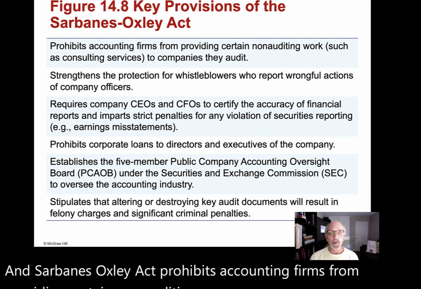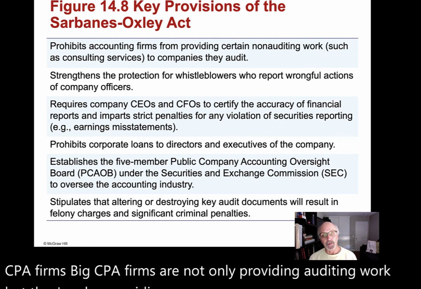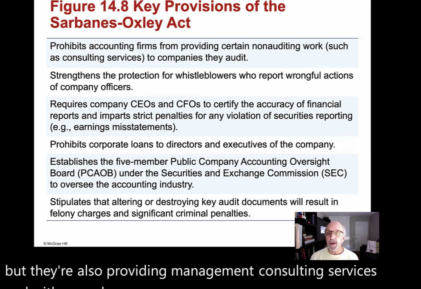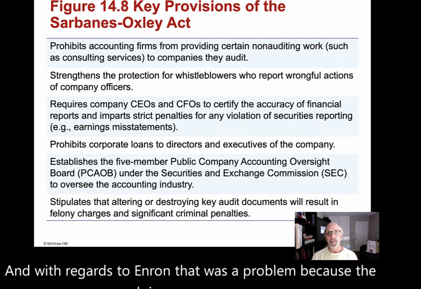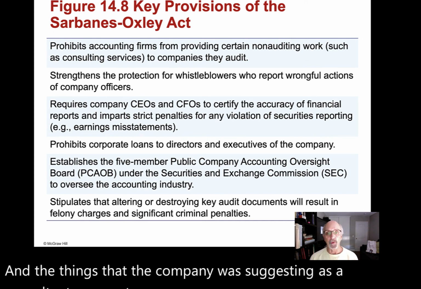There is a problem with CPA firms. Big CPA firms are not only providing auditing work, but they're also providing management consulting services. And with regards to Enron, that was a problem because the same company was doing both. And the things that the company was suggesting as a consultant were not according to accounting principles for the auditors.